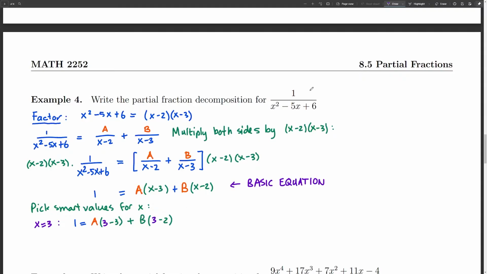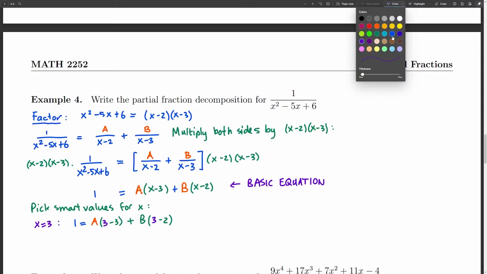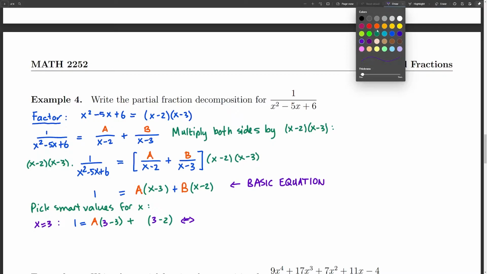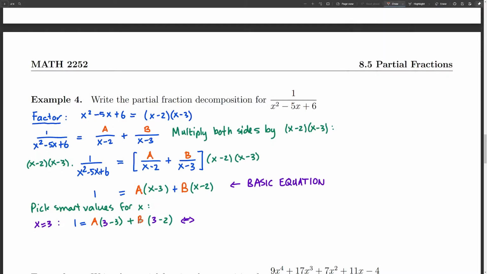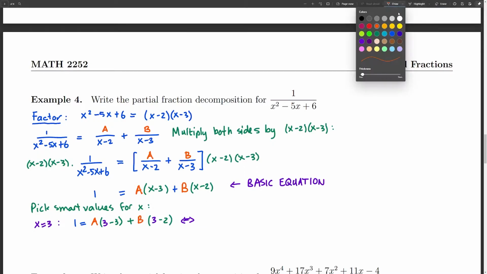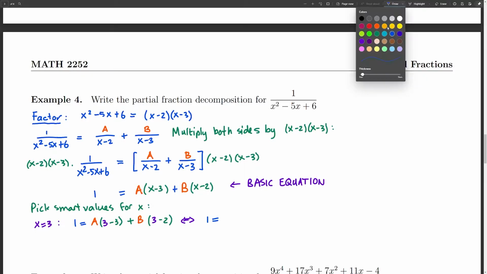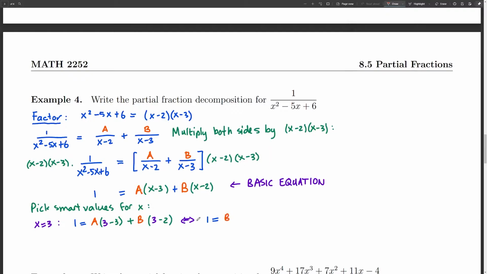Now if we simplify that, we see that the a disappears, and we're left with just the value of b on the right-hand side. In fact, it's b times 1. So our equation becomes 1 equals 1 times b. And that, of course, leads to b equals 1.